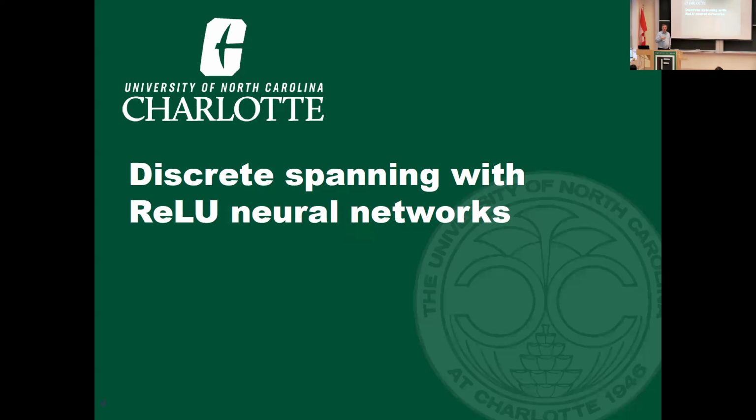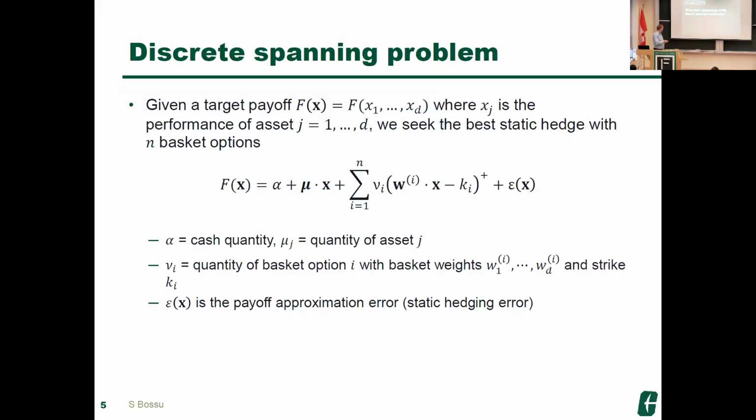Okay, I'll start with the easier part, which is section 5 of that paper on arXiv, the connection with machine learning, and then go on to the distribution part depending on how much time we have. I have a target payoff, like one of the ones I listed. We have a target payoff f of x, and we're trying to decompose that with basket calls.